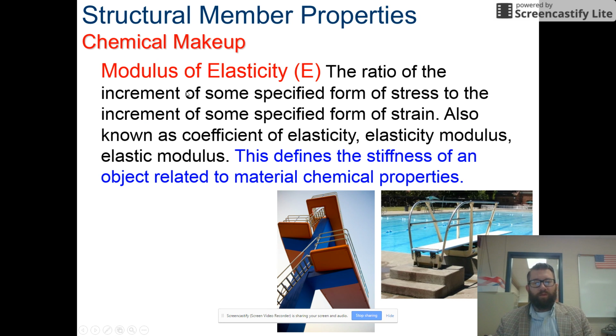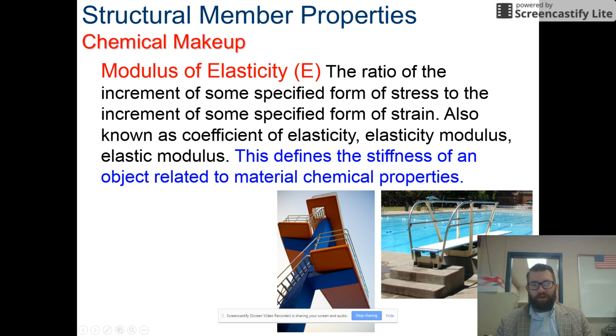Okay, so what about chemical makeup? What happens when stuff is made out of different materials? This is called the modulus of elasticity. It's the ratio of some specified form of stress to a specified form of strain. Basically, it's putting all other things equal except the material. So here we have a spring diving board that's made out of some sort of composite material and has a steel back to it versus a platform diving board, which is concrete.